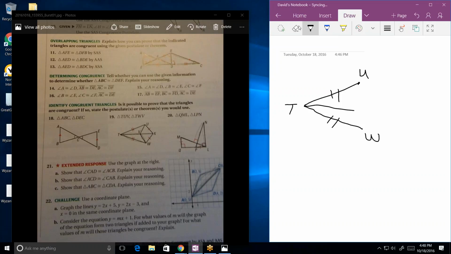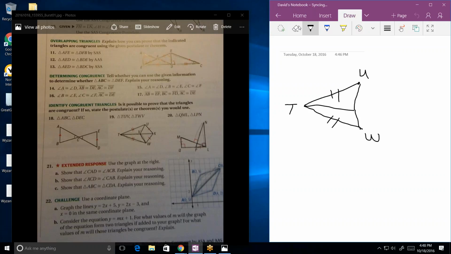In other words, this angle is not the same as this angle now. And yet, now it looks very similar to my picture. It's just slightly off. In other words, line TV is slanted down just a little bit. And these two triangles are definitely not congruent. They're not telling us that this line bisects this angle.